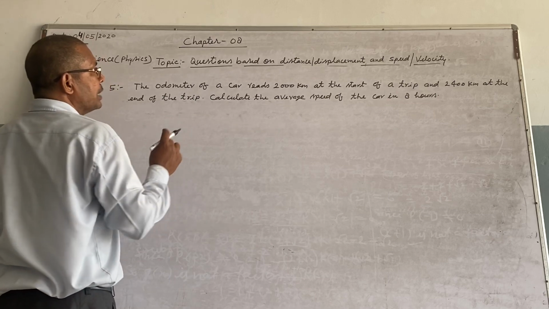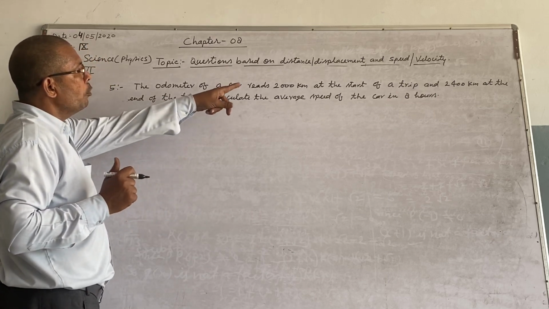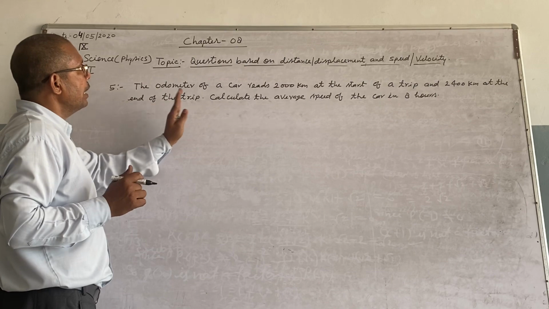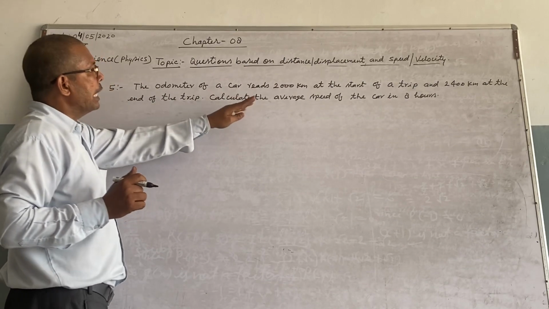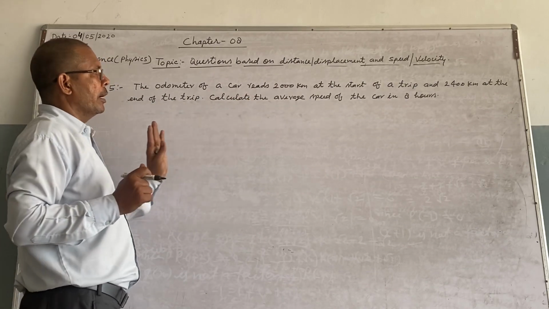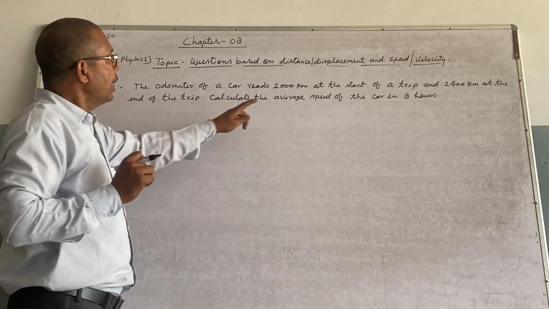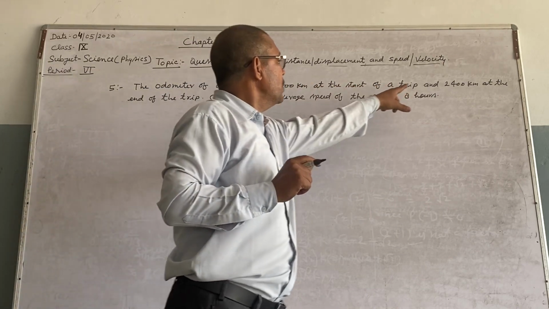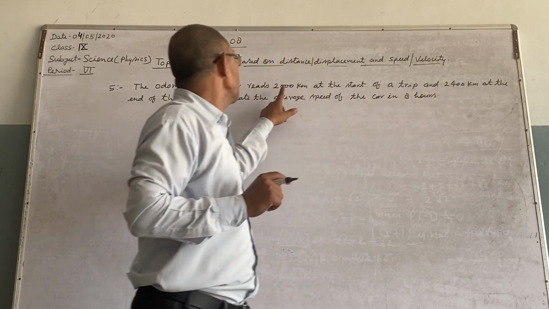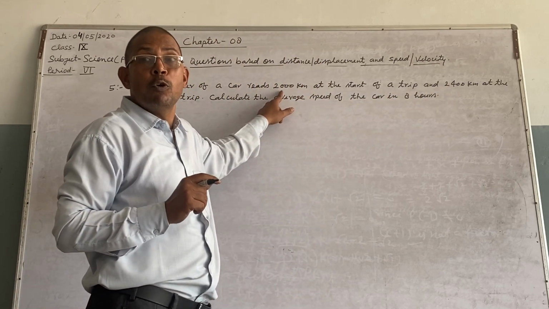Here you have to change kilometer. Firstly consider the distance traveled in 8 hours. So distance traveled in 8 hours equal to, this is the final reading and this one is the initial reading of the odometer.